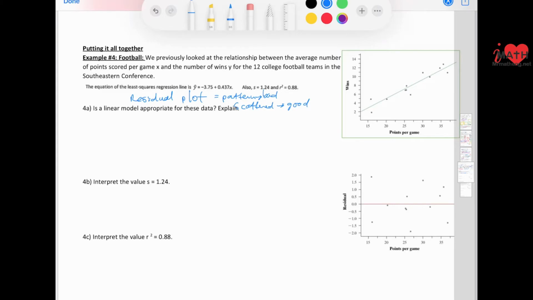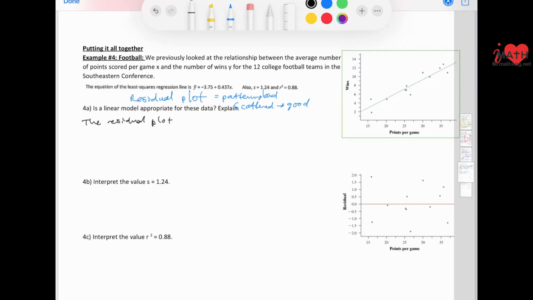So we can say no pattern or it is scattered. Remember, you're not so definitive in stats. You're saying these words like, it appears, it's not obvious there's a pattern left over in the residual plots.